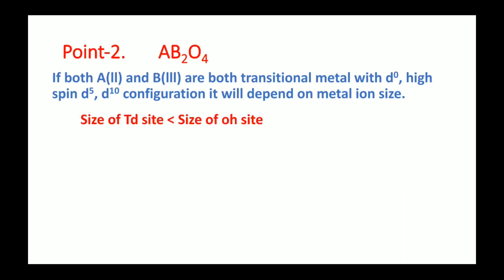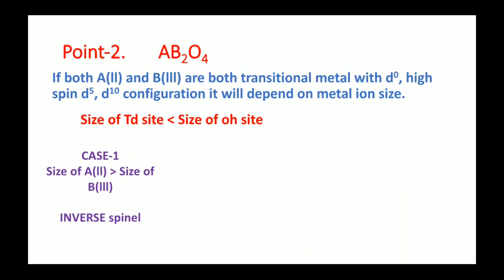And as we know, the tetrahedral site is smaller compared to the octahedral site. Therefore the metal with the smaller size will choose the tetrahedral site, and the metal with the larger size will choose the octahedral site. So in case 1, if the metal 2+ ion has a greater size than the metal 3+ ion, then it will be an inverse spinel, because in this case the metal 2+ ion has a larger size and it will occupy the octahedral site.